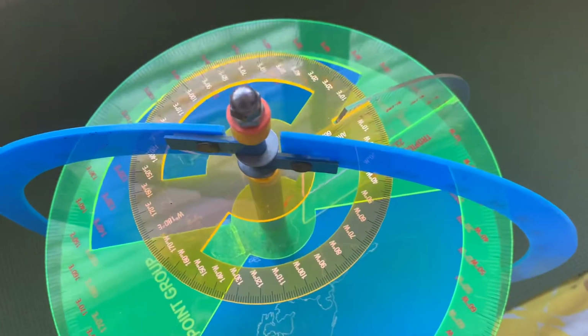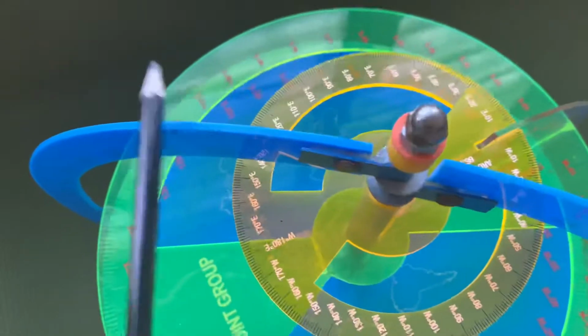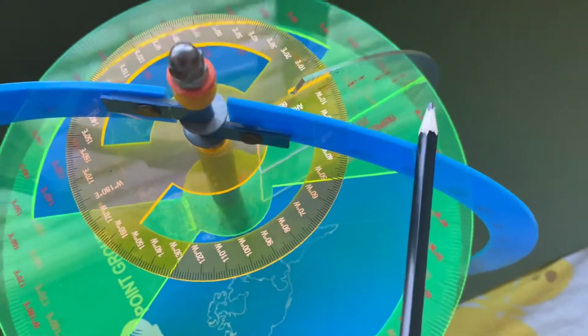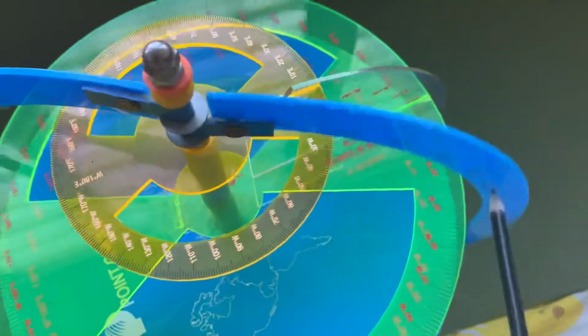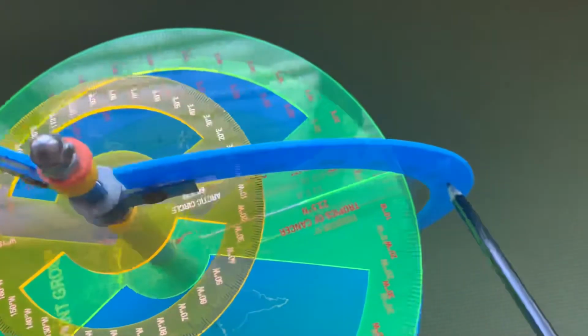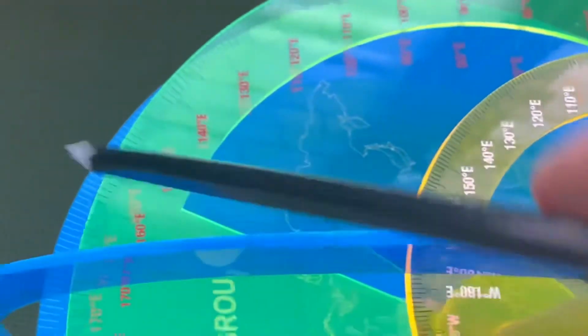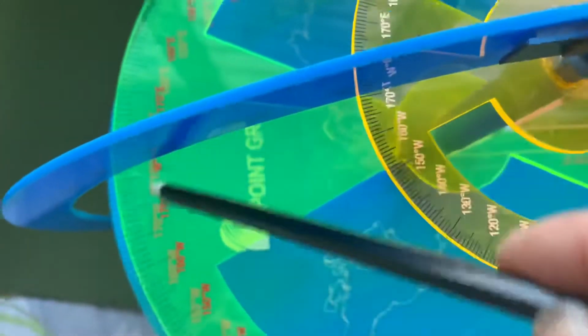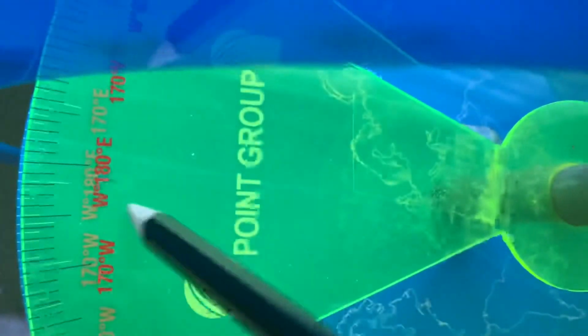Next time if I give you 140 east, you will say here is 40 west. If I give you 0, the semicircle forming the great circle will be 180 east or west. It can be east or west, right? 180 east or west, here.